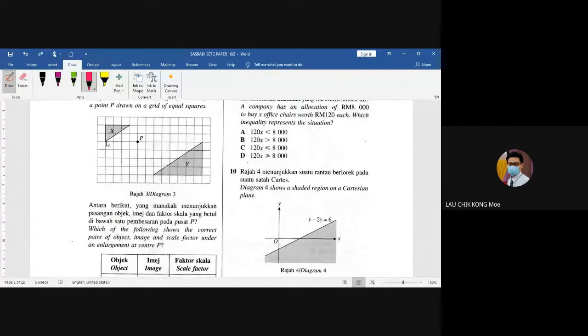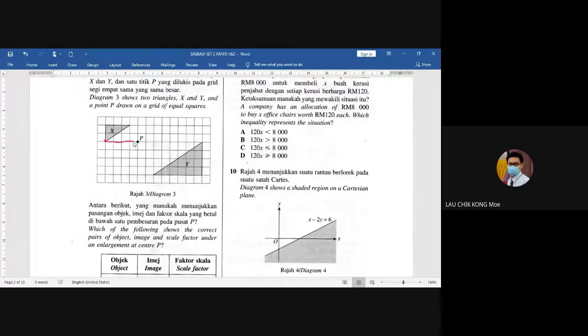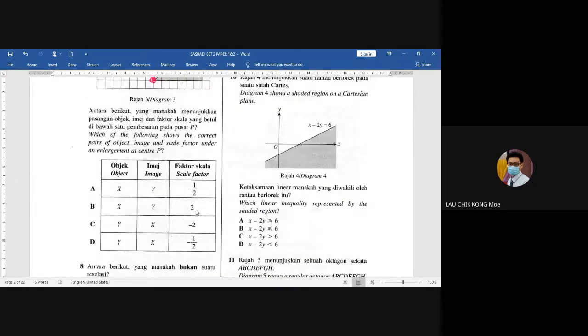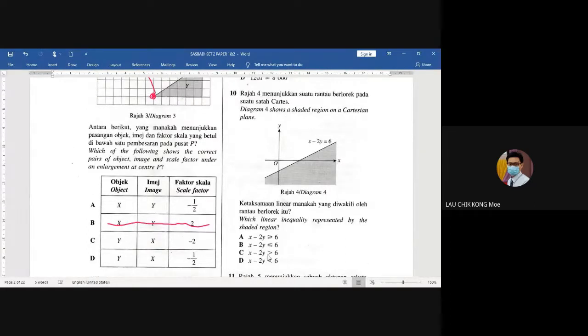Pusat TP memang bucu ini pergi ke sini ya, and then ini pergi ke sini lah. Okay. So ini memang enlargement tapi dia punya object image opposite side. Opposite side means we have a negative for the scale factor. So scale factor mesti negative. So B already wrong, because no negative.